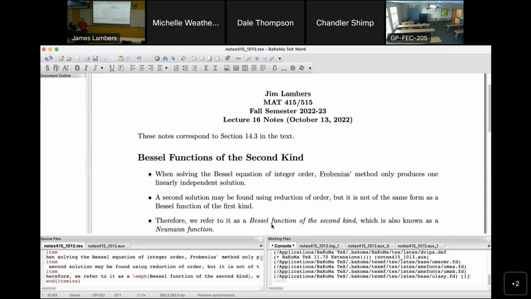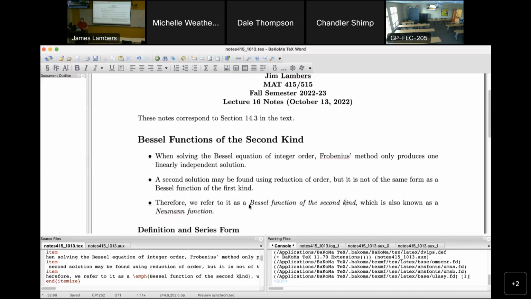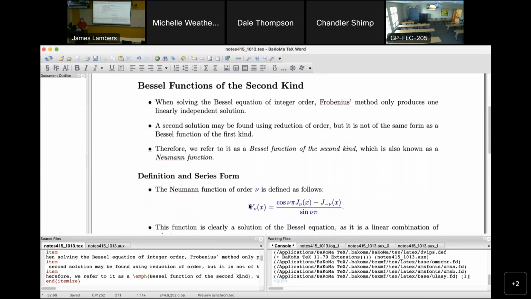Another name for a Bessel function of the second kind is a Neumann function. So for any order, integer or not, we can define a Neumann function this way.